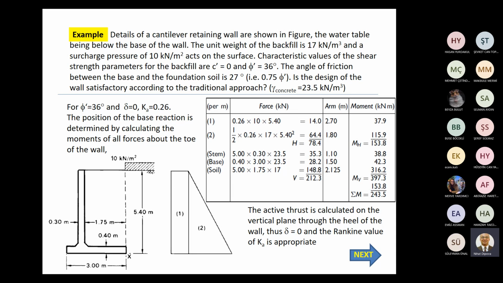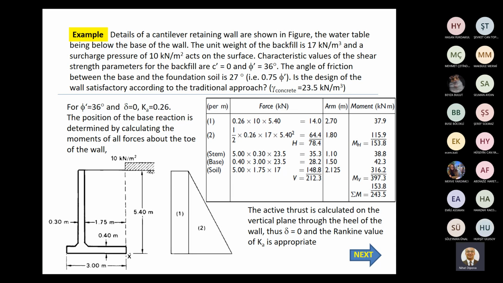Characteristic values of the shear strength parameters: the soil is cohesionless. Internal friction angle is 36 degrees. The angle of friction between the base and the foundation is 27. Here K is used as 0.75 instead of 2/3. Sometimes this is used in some books. Is the design of the wall satisfactory?